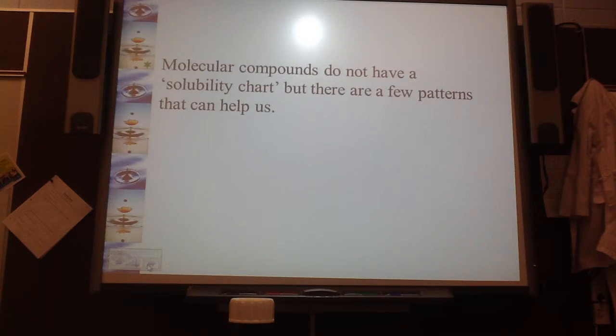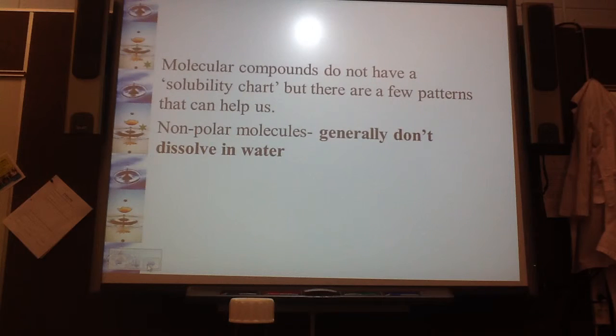Molecular compounds do not have a solubility chart, but there are a few patterns that can help us figure it out. Flip over your page. Non-polar molecules generally don't dissolve in water. This is where we can use our bonding unit and apply it to this next step.